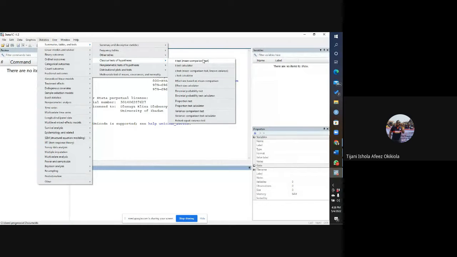I only have T test, mean comparison test, and T test calculator. There's no Z test here. What starter version are you using? Version 13 doesn't have it too. Version 13. Yes, Prof.